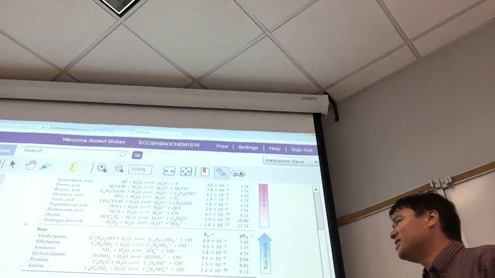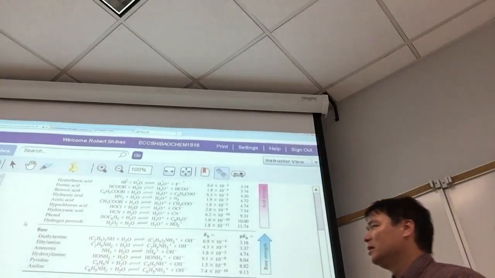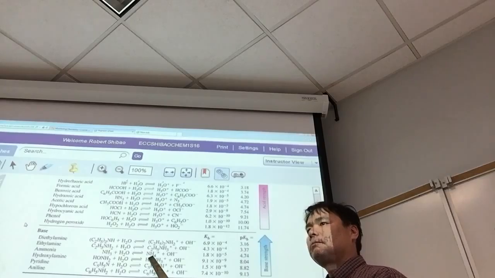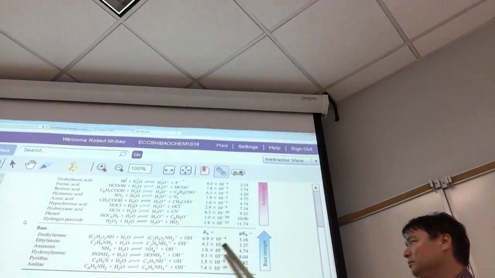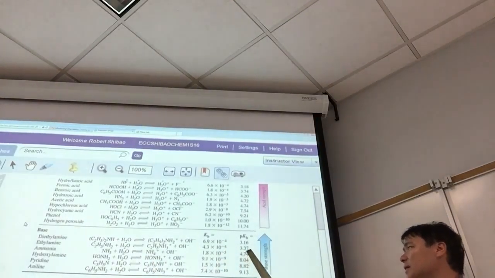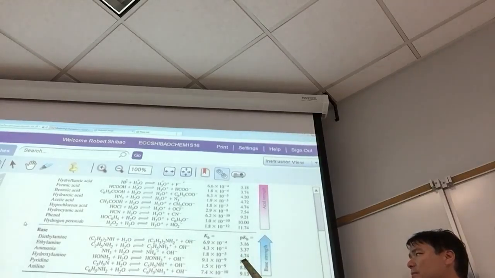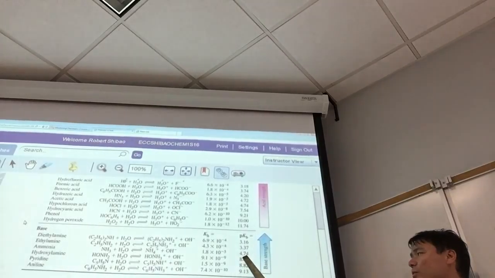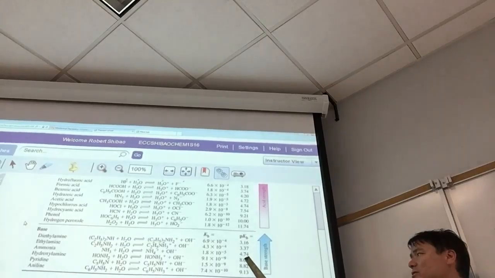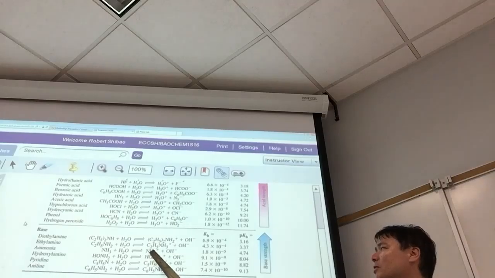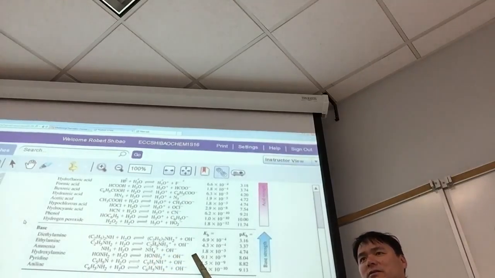But what I do instead is I probably do this. If I have ammonia, the conjugate acid is ammonium, and it's going to give me a pKa of 14 minus this. And so 14 minus 4.74 is 9.26. And so the pKa of ammonium is 9.26.